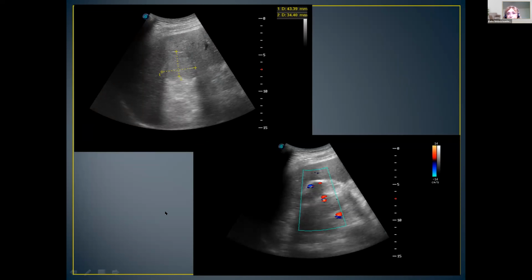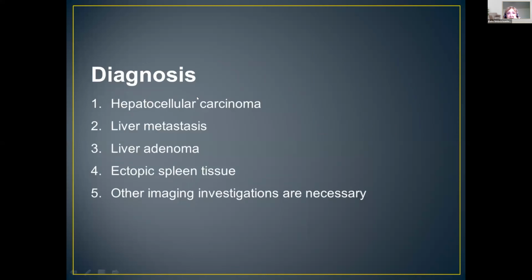So it was quite a well delineated lesion, seems to be at the periphery of the liver. What do you think this lesion might be? A hepatocellular carcinoma, a liver metastasis, liver adenoma, an ectopic spleen tissue, or you need other imaging investigations.